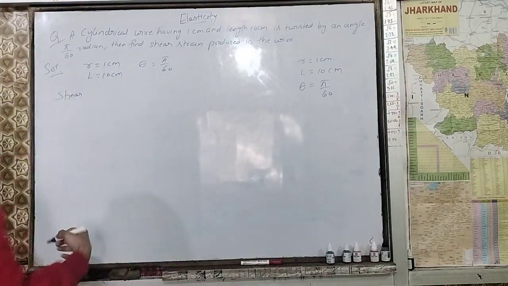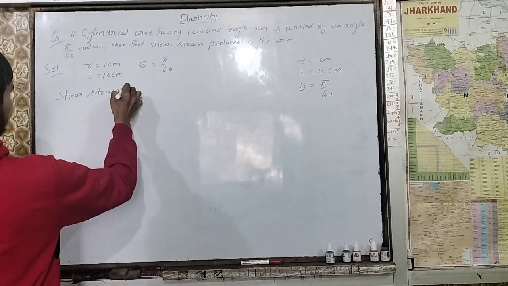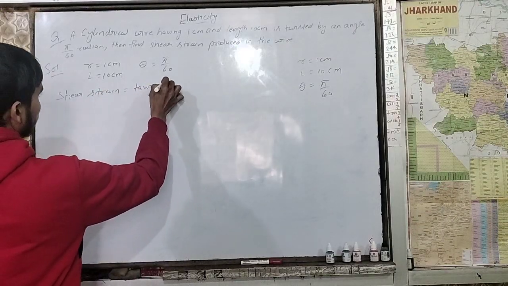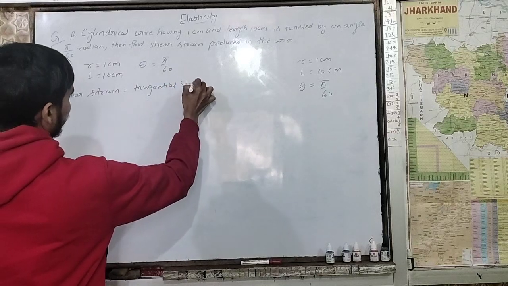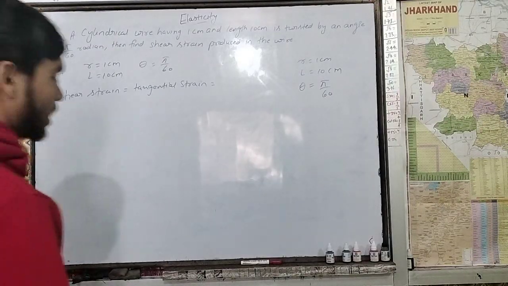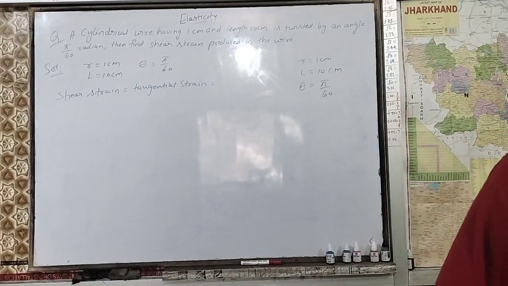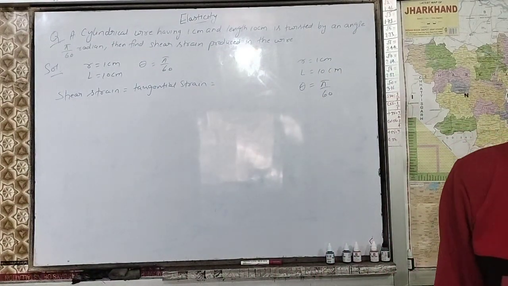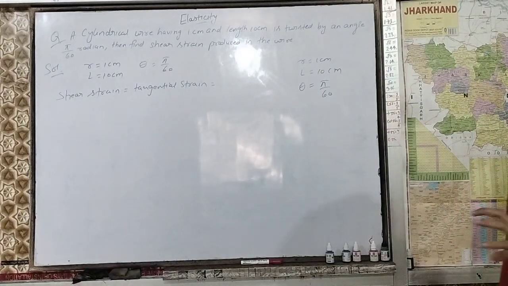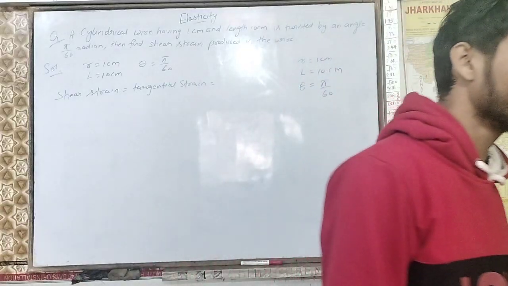Shear means tangential strain, so shear strain is equal to tangential strain, which is equal to theta, which is equal to change in length upon L. We have a cylindrical wire, not a squared wire, and the wire is not a rectangle.